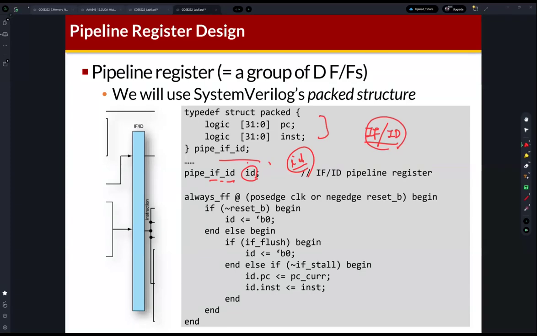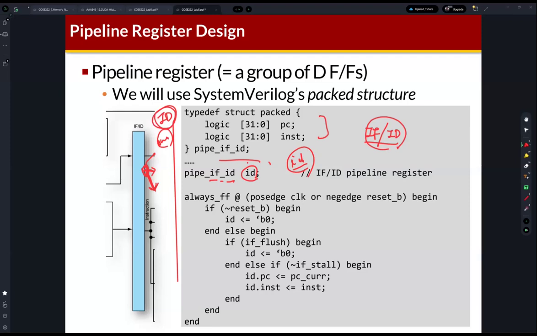It is because the output of this pipeline register, these signals, will be used, consumed in the ID stage, right?